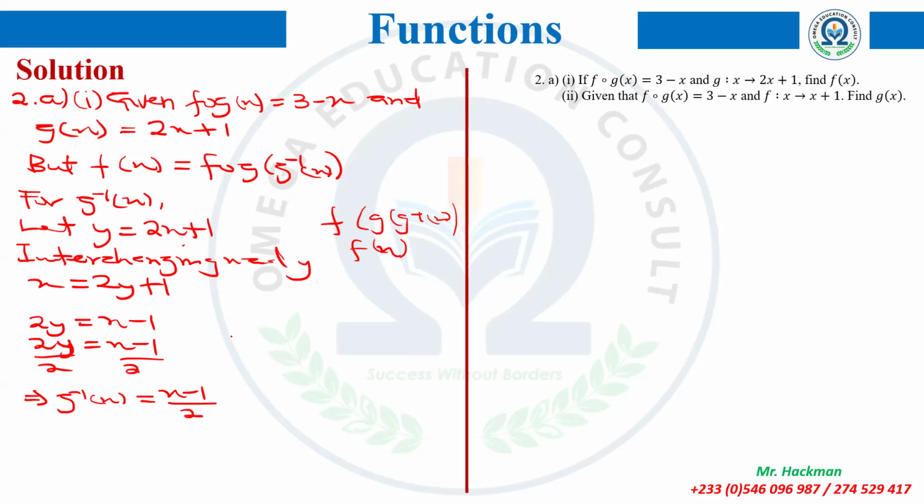In our next meeting, we'll start dealing with finding the domain of a function, which invariably means the constraints. So I know g inverse, and if I substitute g inverse in f of g, my result will automatically give me my f of x.